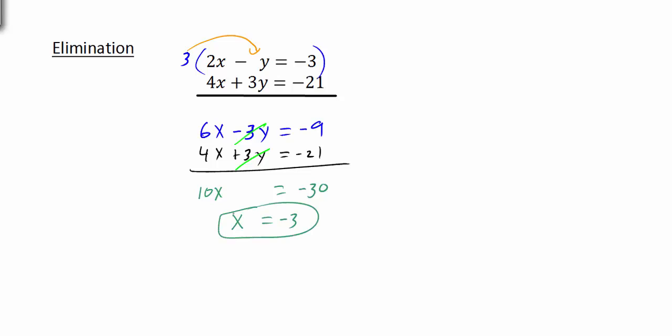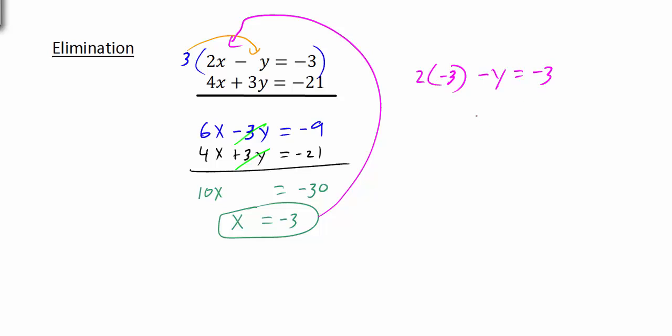And then at this point, we would take this value and plug it into one of the equations. Let's plug it in up here for x, and we would get 2 times -3 minus y equals -3. So that means -6 minus y equals -3.